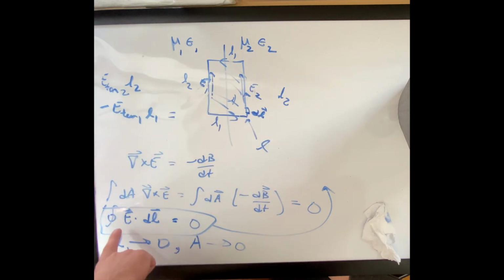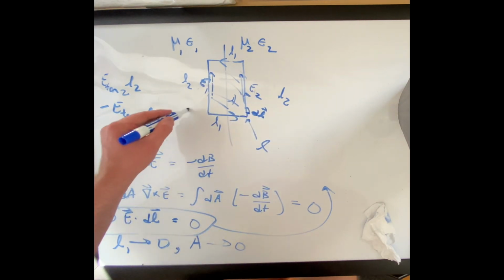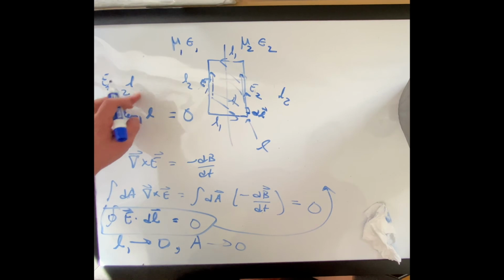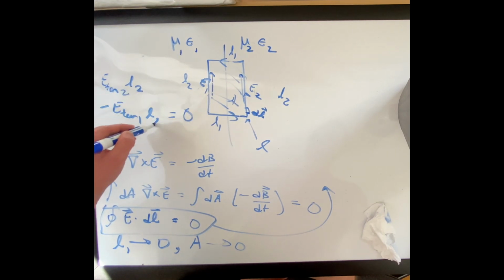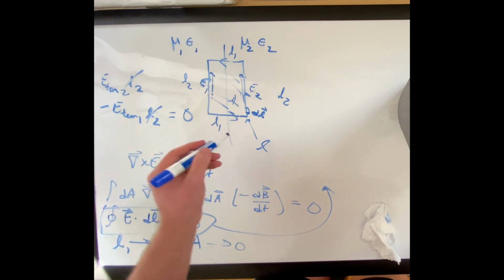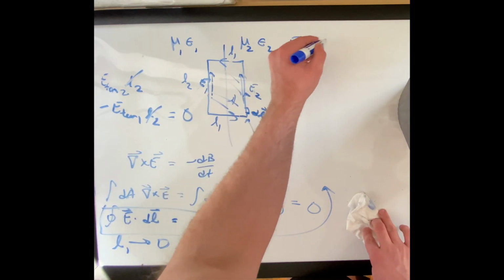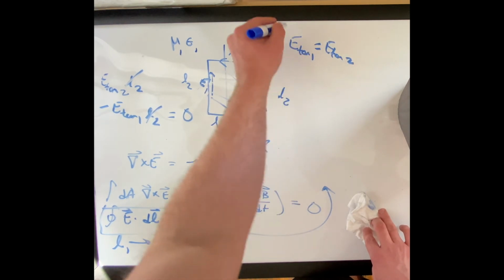Now this was this closed integral, which is 0. And therefore, E tan 2 equals E tan 1. And these cancel, you can just divide by L2. And we get, the first boundary condition is that E tan 1 equals E tan 2.